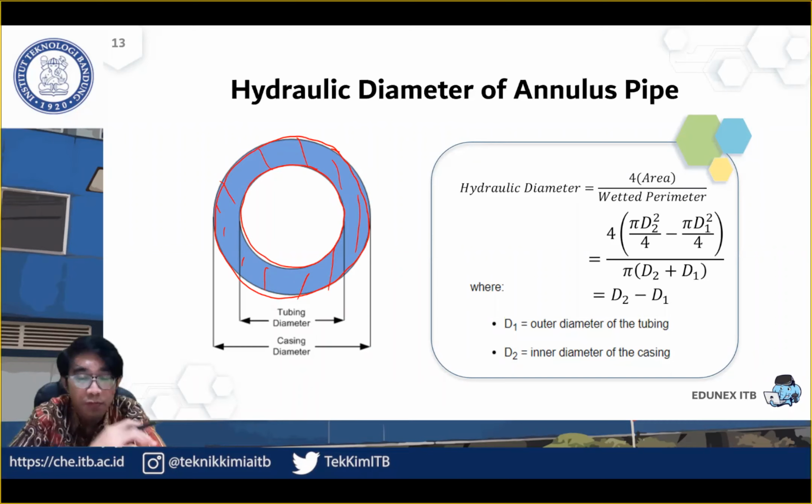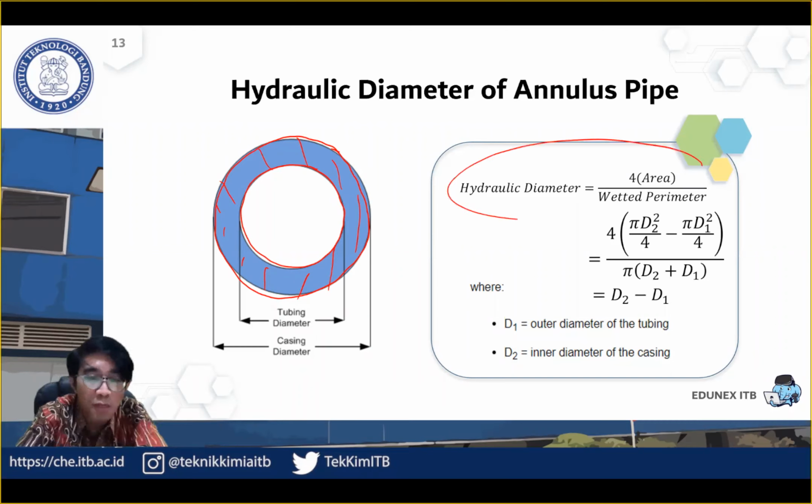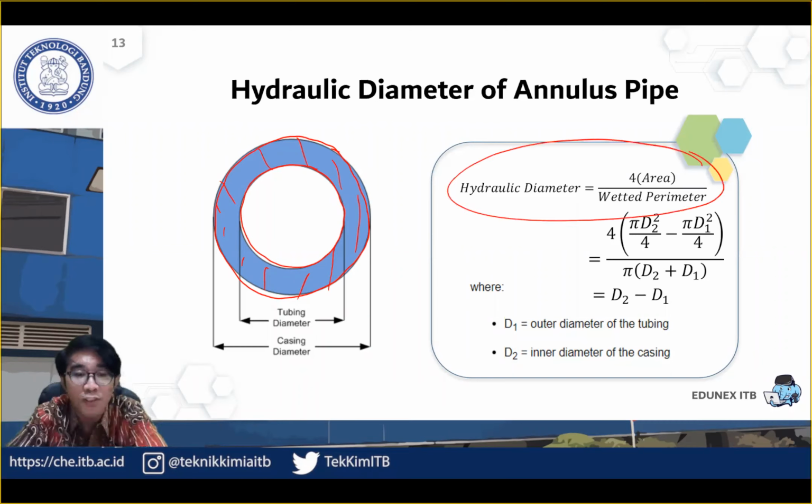So you can calculate how much the hydraulic diameter or equivalent diameter is. Hydraulic diameter and equivalent diameter are the same. Equivalent radius and hydraulic radius are the same. This one, area divided by weighted perimeter, is the hydraulic radius.